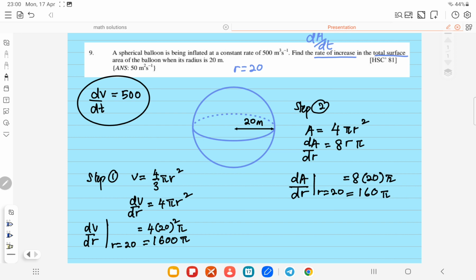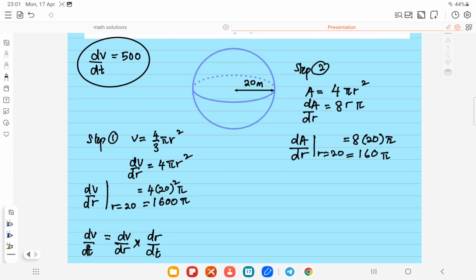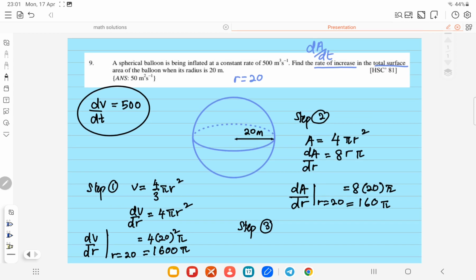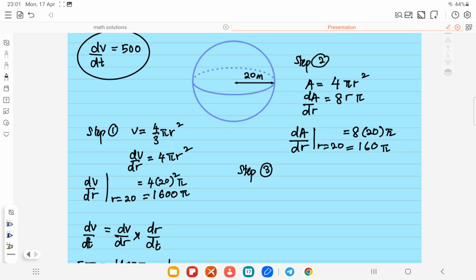This is step 2, we have already obtained dA over dr. Now we go to the final step, step 3. We are going to find out dA over dt, and we can begin from dA over dr.